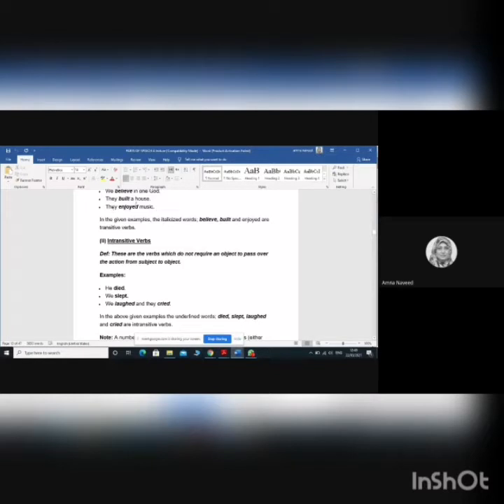They is a subject, enjoyed is a verb, and music is an object. But if I change the sentence and say they enjoyed a lot, they is a subject, enjoyed is a verb, and a lot is not an object but a complement. So in this way, it would be an example of an intransitive verb.